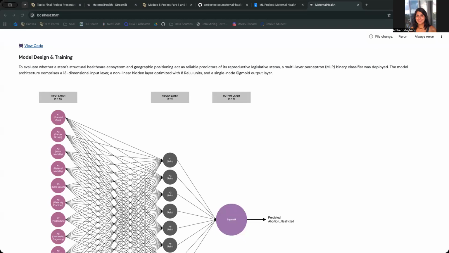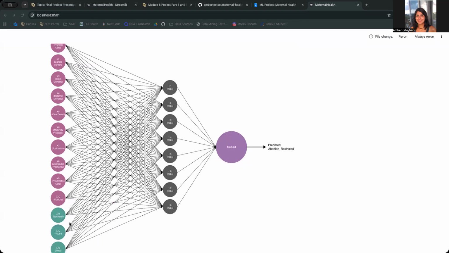To bring everything full circle, I want to talk about my neural network model. This network was tasked with classifying whether a state was restricted or not restricted using nothing but anonymous medical data and geographic region.